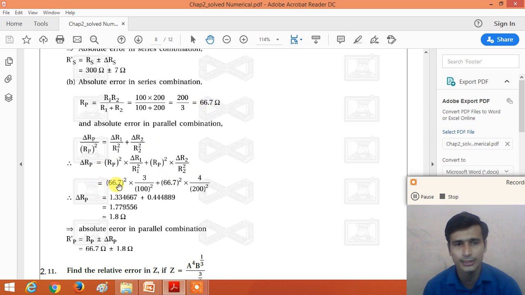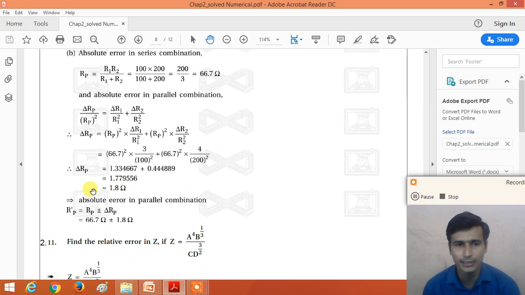So 66.7 square multiplied by delta R1, that means the absolute error in R1, which is 3, divided by R1 square, the true value of R1 being 100 square, plus Rp square, 66.7 square, multiplied by the absolute error in R2, which is 4, divided by 200 square. If you calculate this, we get delta Rp is equal to 1.8 ohm. So the absolute error in the equivalent resistance in a parallel combination is 1.8 ohm.